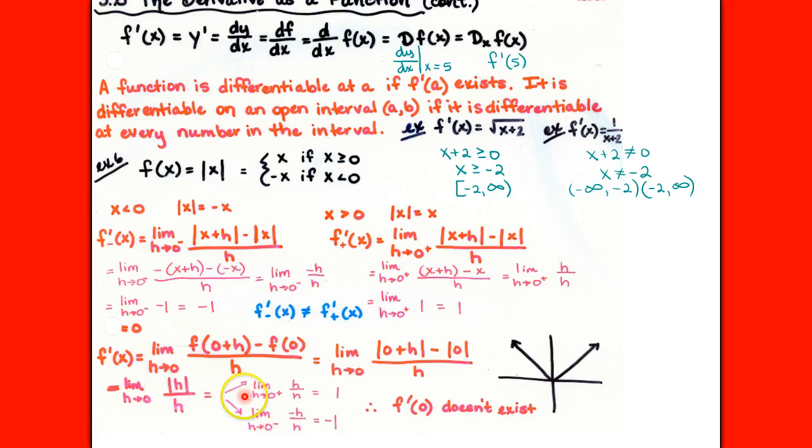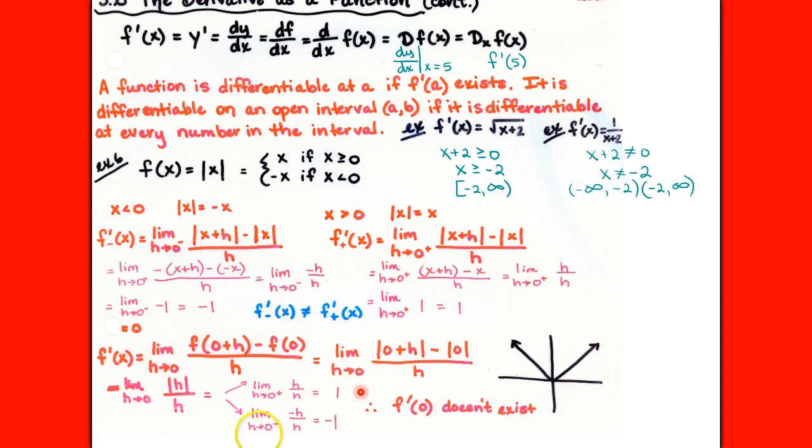If I'm taking the limit as h approaches 0 from the right-hand side, then all of the values that I'm putting in for h up here are going to be greater than 0, so the absolute value of a positive number is just that same number. I would just get h, so h over h would give me 1.